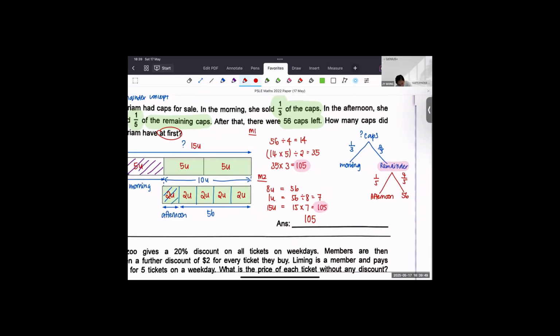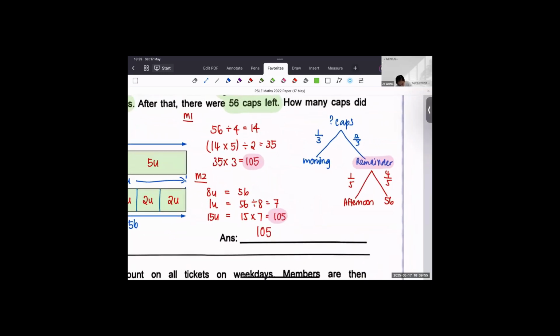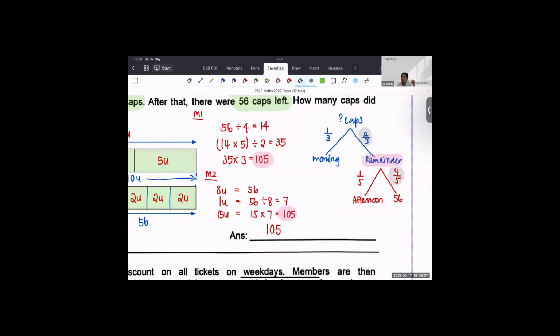From here, you can find out the fraction of the leftover cats out of the total. You take 4/5 of the remainder, which is 8 out of 15. So we know that this is 8 units, which is 56.